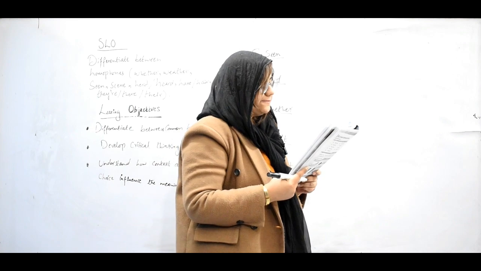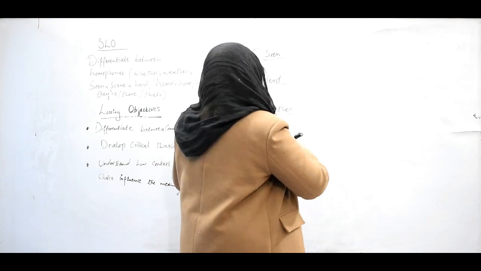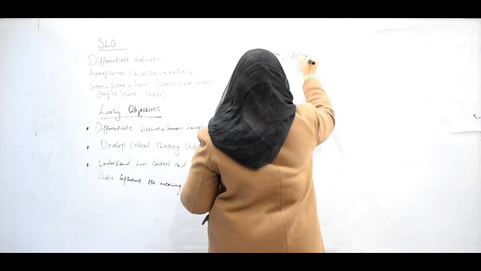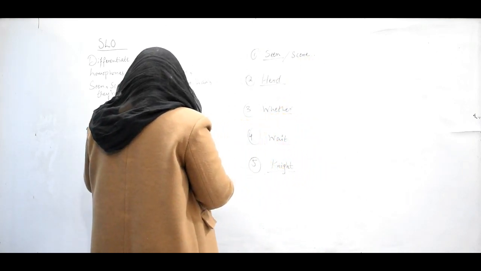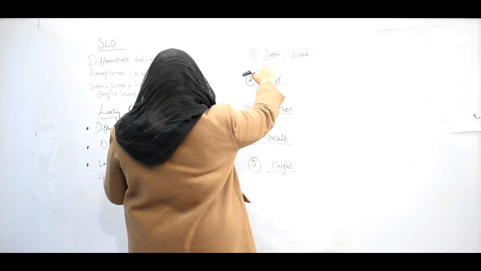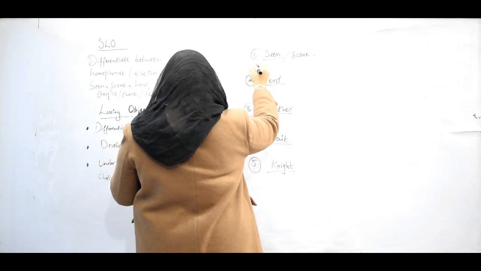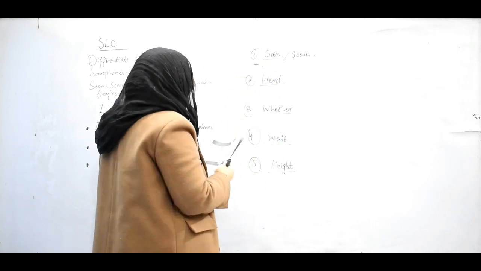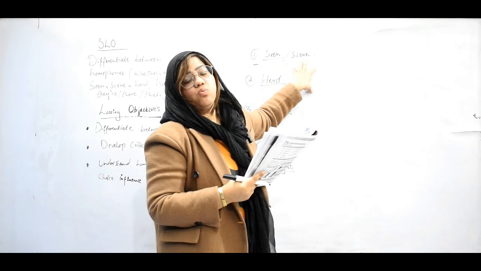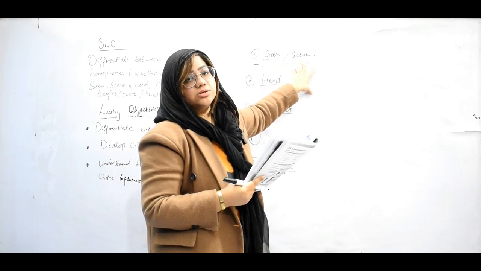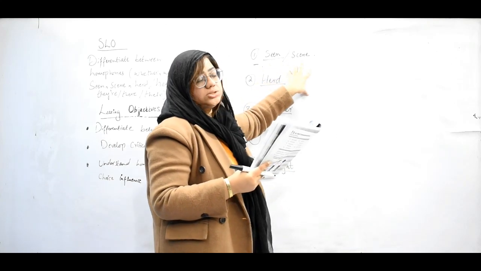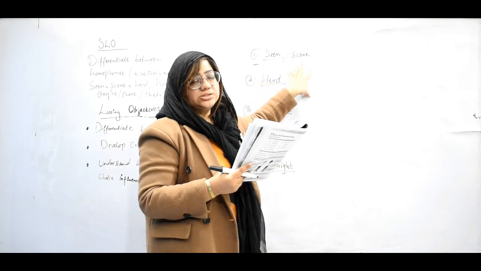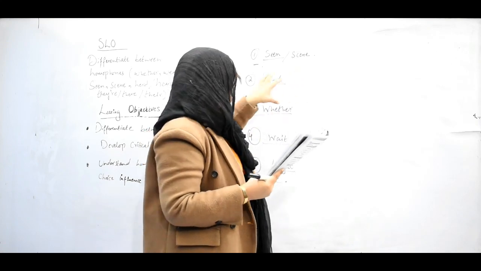Number one is seen and scene. Students, you may see that I have seen a movie. And the other one, the scene of the accident was very terrible. As you can see, I used both of the words in different sentences with different meanings.